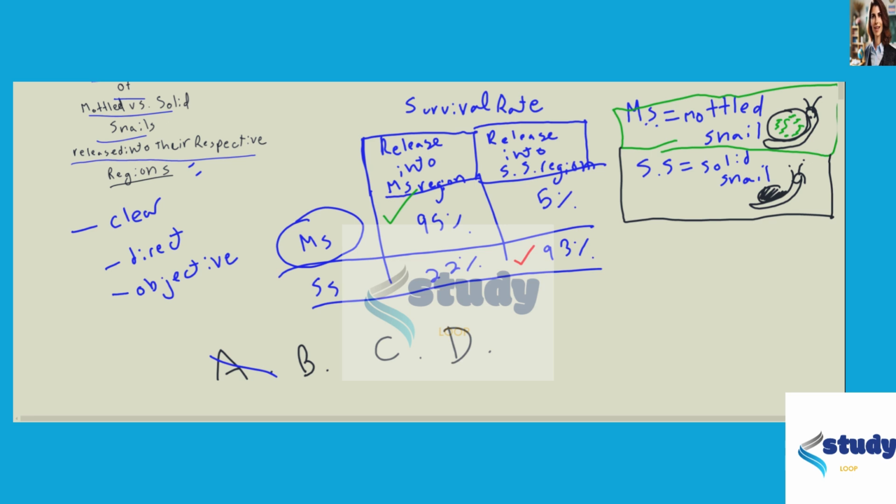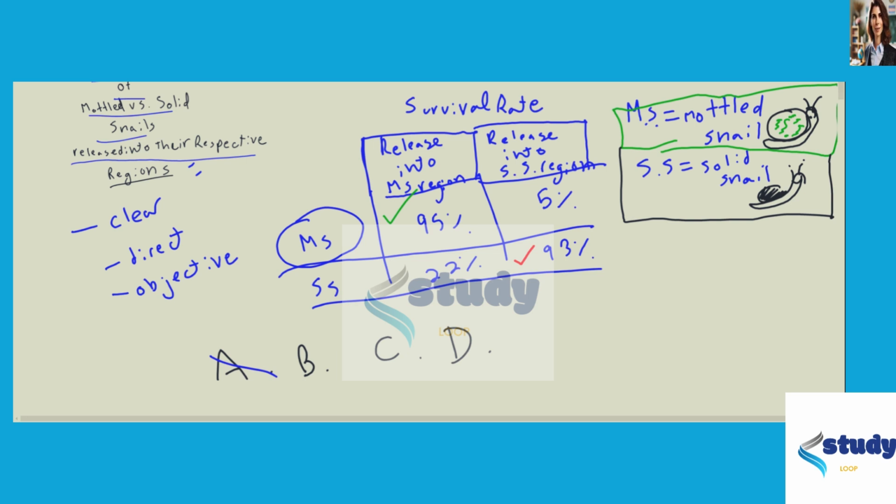So that's obviously not true. This is saying that being a solid snail is better, and thus this is untrue. Because overall, the higher survival rates are in the MS region, right? If we were going to add these two columns up and then add these, still the MS are having a higher survival rate.